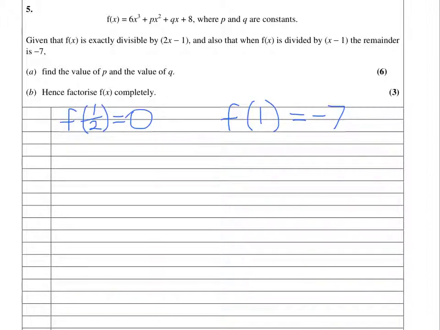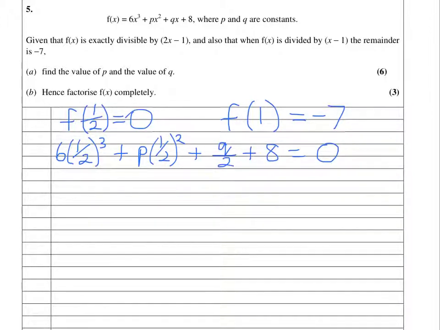So substituting in a half first, I've got 6 times a half cubed plus p times a half squared plus q times a half, so q over 2, plus 8, and from the factor theorem that equals 0, which I've already written down.